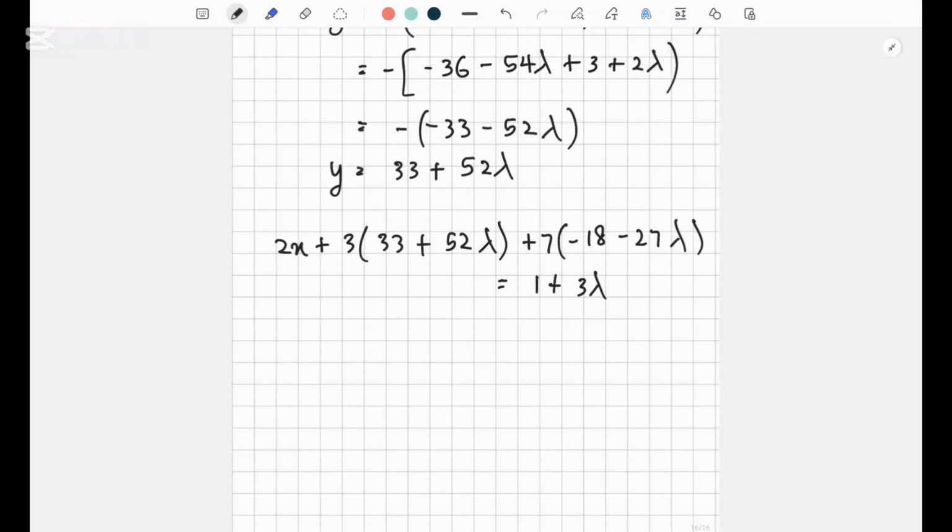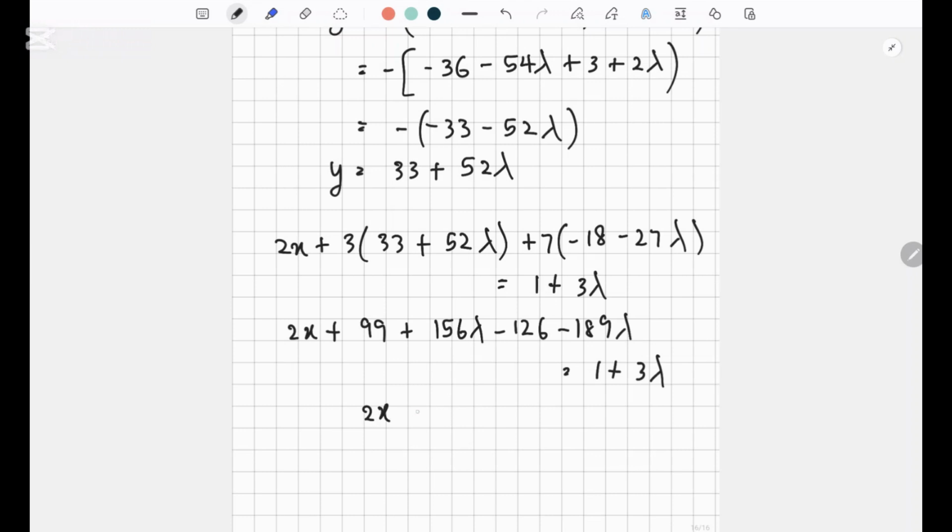So let's simplify this. So 2x plus 99, 3 into 33 is 99, plus 52 into 3, let me use the calculator there, plus 156 lambda. So 7 into minus 18 is minus 126. 7 into minus 27 is minus 189 lambda equals 1 plus 3 lambda.